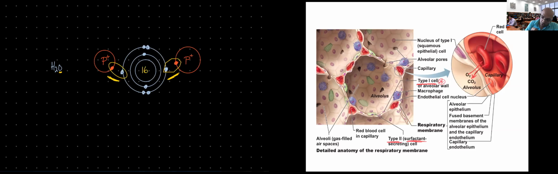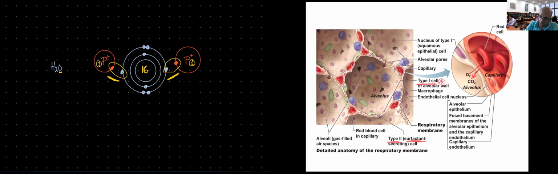The atomic mass for oxygen is 16, but the atomic mass for the hydrogen is just 1 because I have only 1 proton in my nucleus as hydrogen. Compared to the oxygen, it has 8 protons, 8 neutrons, so it has a much greater atomic mass. So what happens when I have this difference in the atomic mass between the oxygen and the hydrogen?